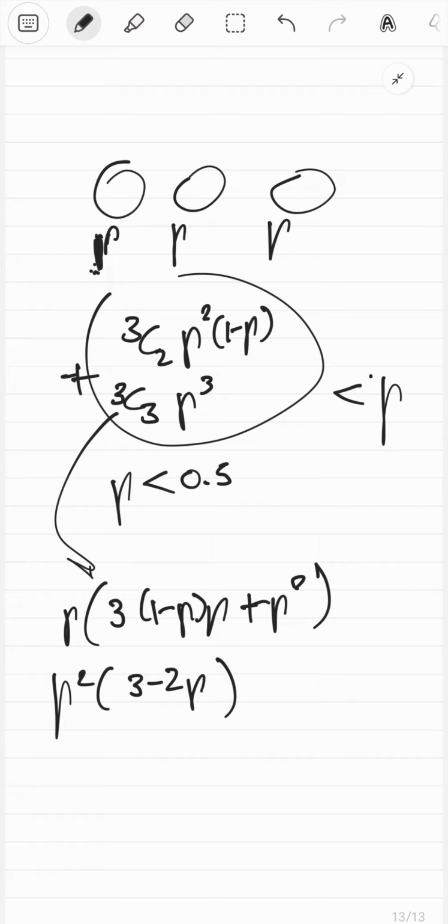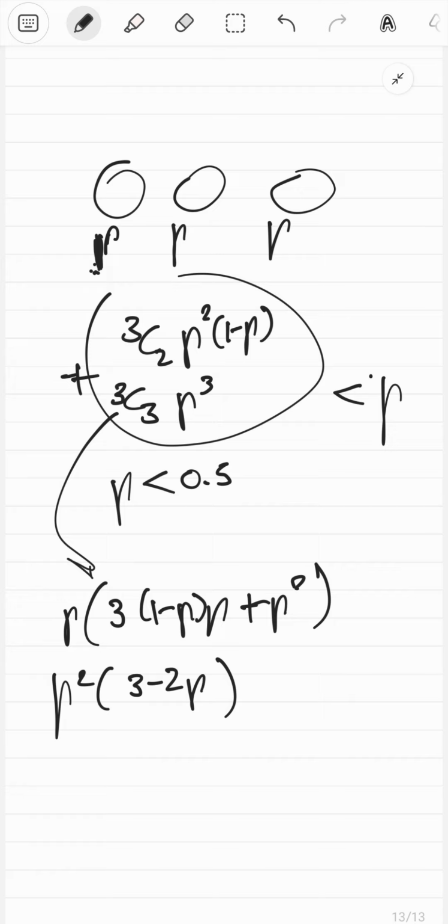So if this thing is less than 1/2, the probability of the ensemble messing up is this.